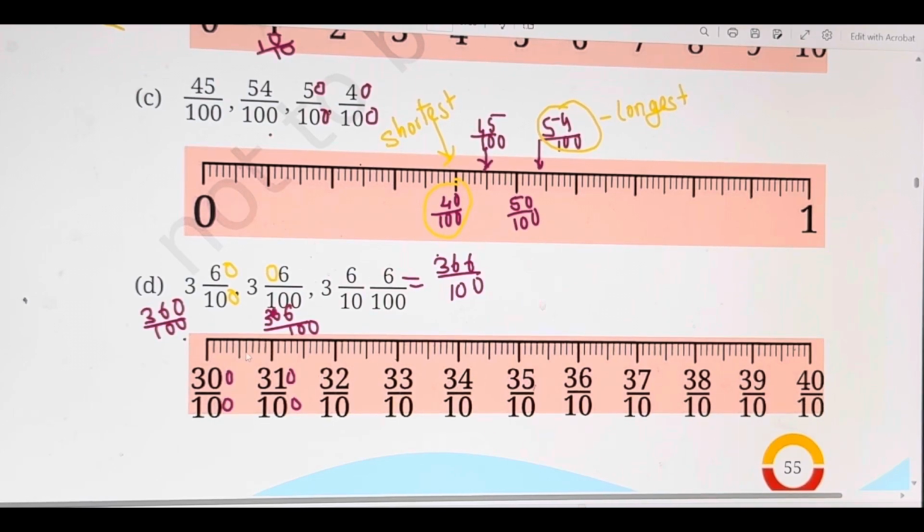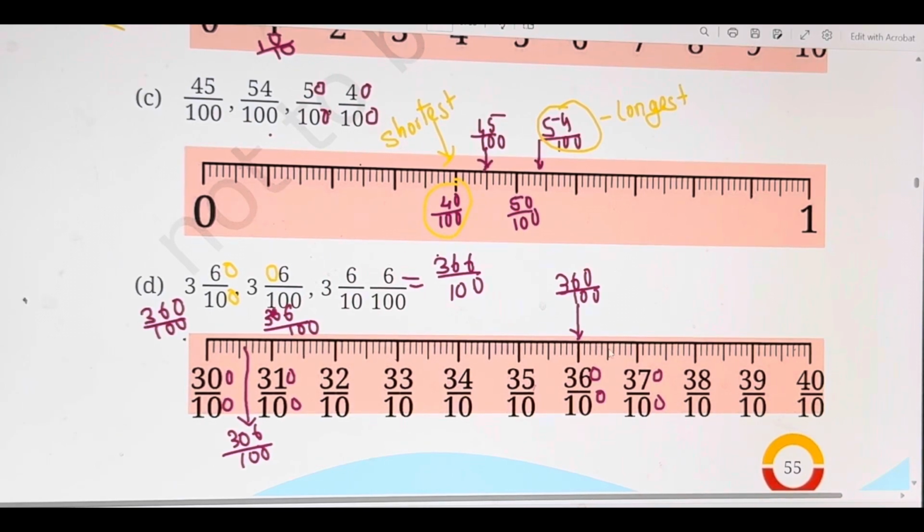So first we mark 306. So this is 5, so naturally this will be 6. So this is 306 upon 100. Then we see 360. So 360 is also equal to 36 upon 10. So this is 360 upon 100. Okay, and then it is 366. So this is 370, this is 360.